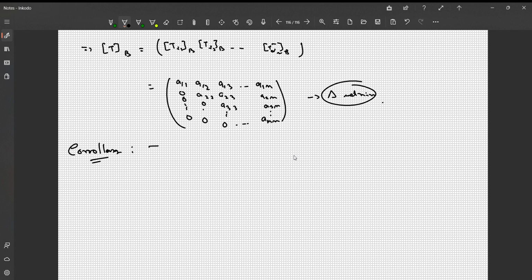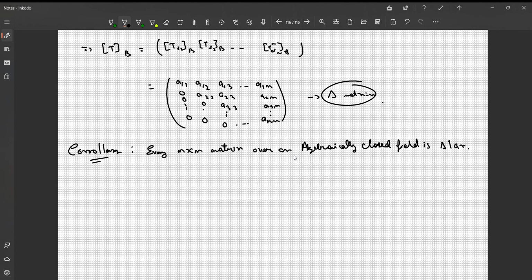Okay, an immediate corollary to this theorem is that if you choose a finite dimensional vector space over an algebraically closed field, then that is always similar to a triangular matrix. Actually I can say it in this form, that every n cross n matrix over an algebraically closed field is similar to a triangular matrix.